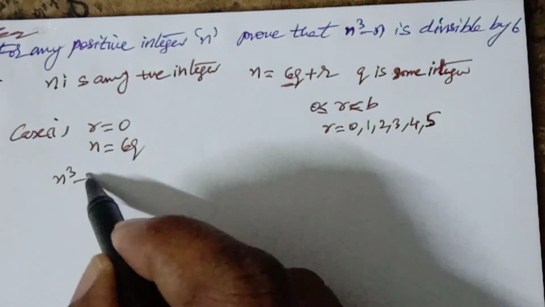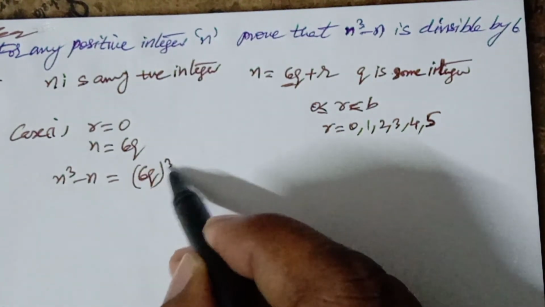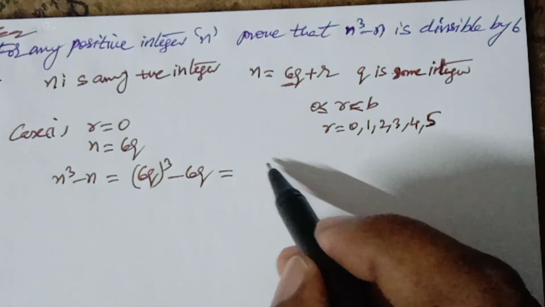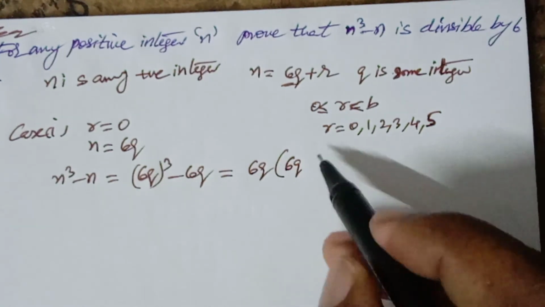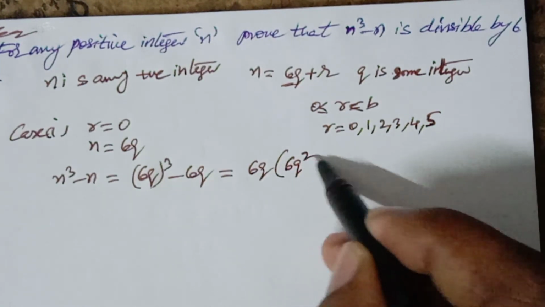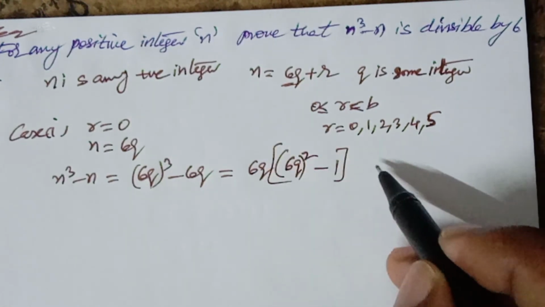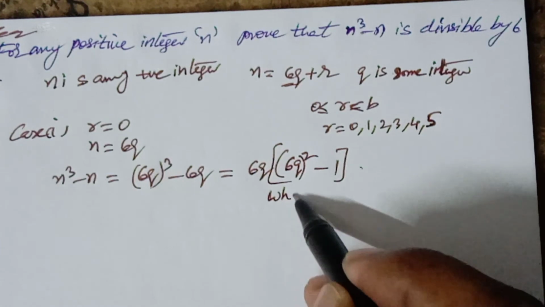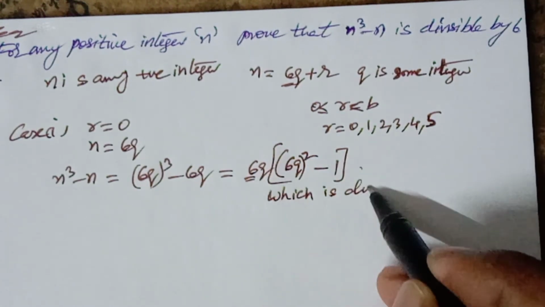So n cube minus n is equal to 6q whole cube minus 6q. So here you can take 6q common, 6q times 6q square minus 1, which is divisible by 6.